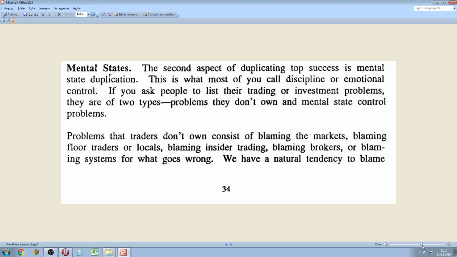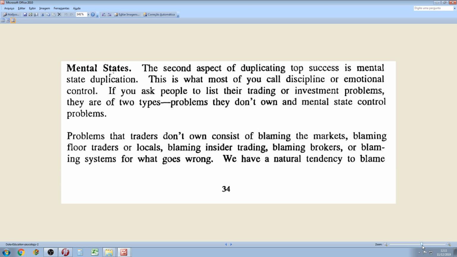Mental states. The second aspect of duplicating top success is mental state duplication. This is what most of you call discipline or emotional control. If you ask people to list their trading or investment problems, they are of two types: problems they don't own and mental state control problems.